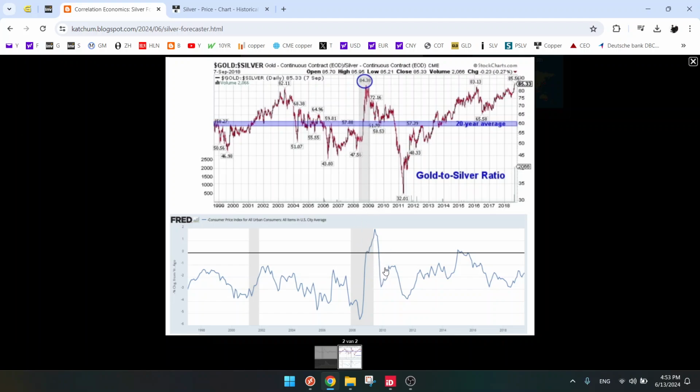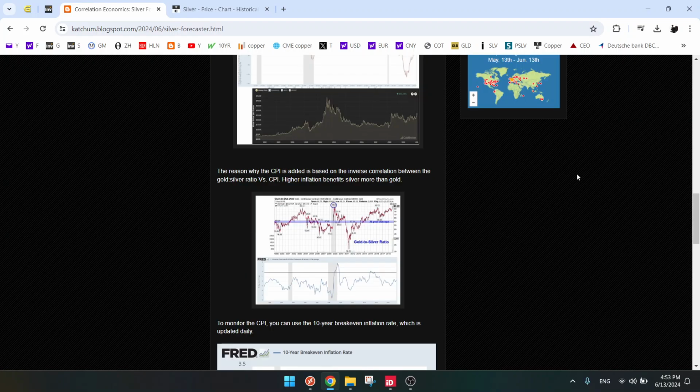You can see this dip here, another dip here, then it tops out here, back down, back up. So that's almost a perfect correlation. Here as well, going up, down, and up. So actually, it's really easy. We just use the gold forecast index and we add this CPI component to it to forecast the silver price, right? And that's what I did.